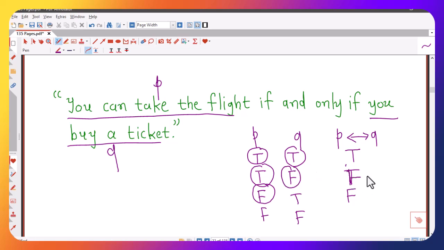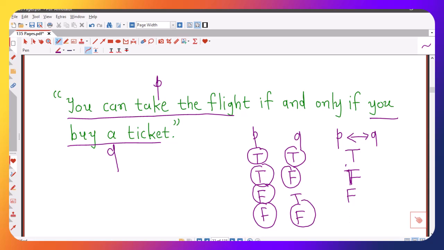And what about the fourth situation? You cannot take the flight, and Q is you cannot buy a ticket. That is fine. If you cannot take the flight, it implies you cannot buy a ticket, and you cannot buy a ticket implies you cannot take the flight.